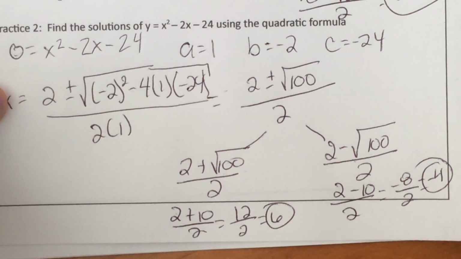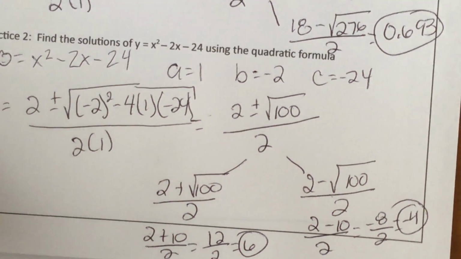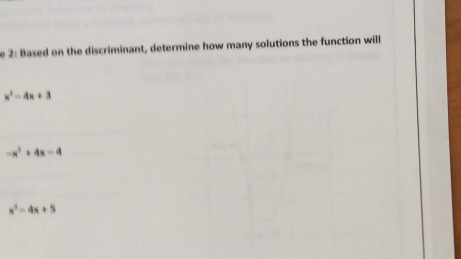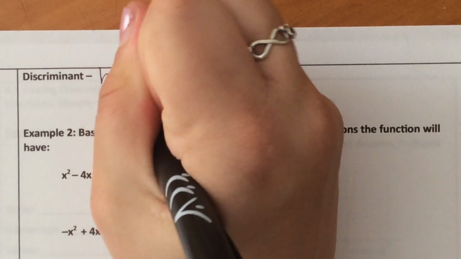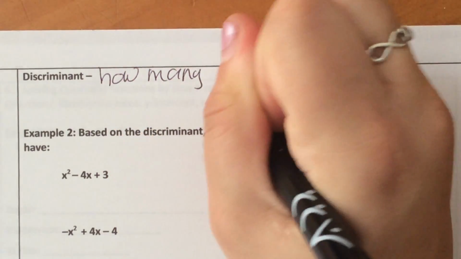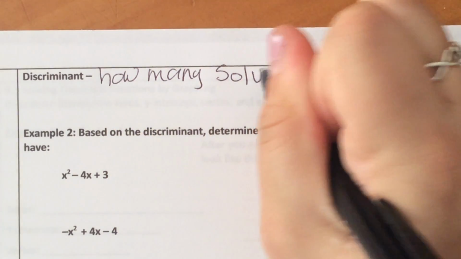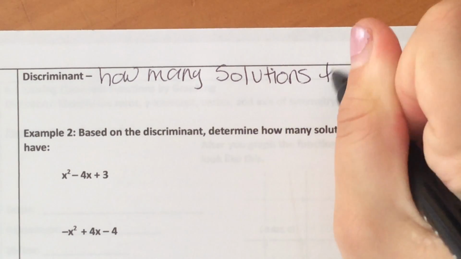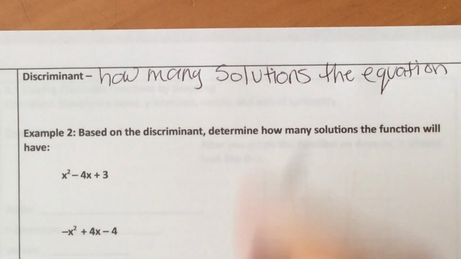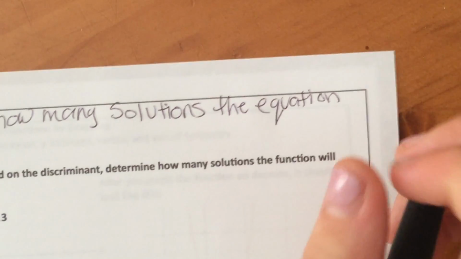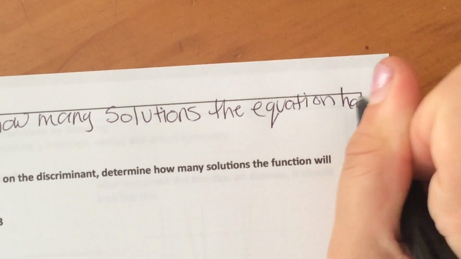Okay. Go ahead and flip the notes over. We're going to talk about the discriminant real quick. So the discriminant, what this does, it tells me how many solutions, or 0, the equation has.